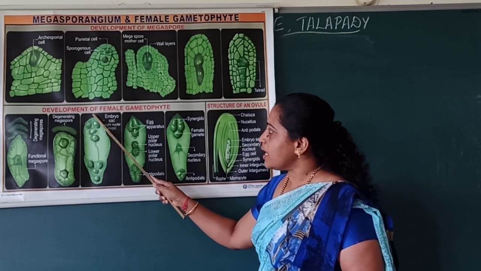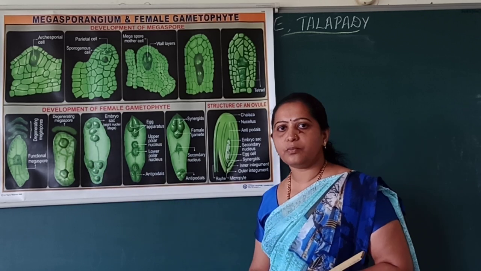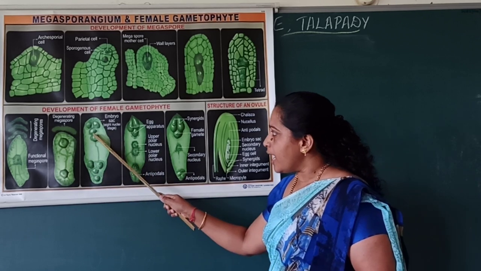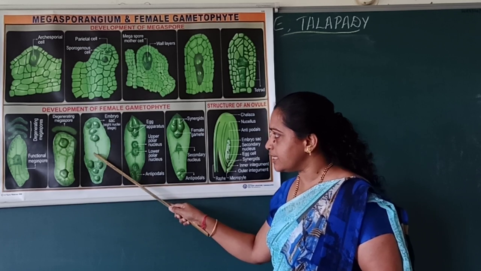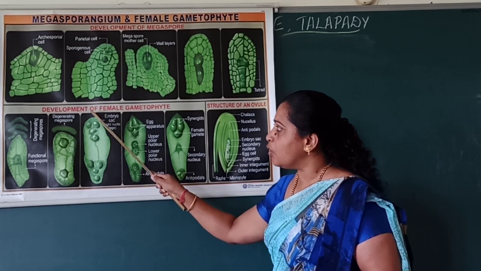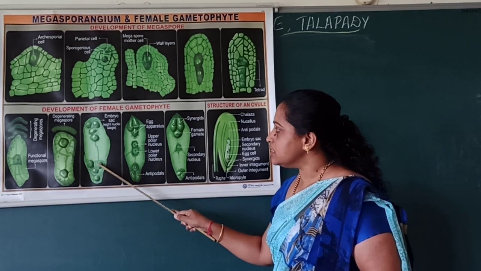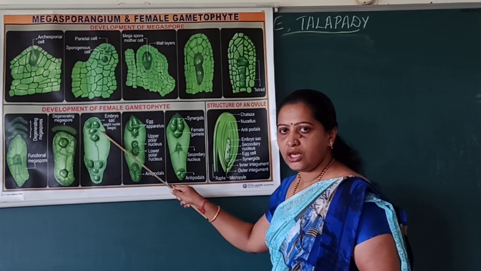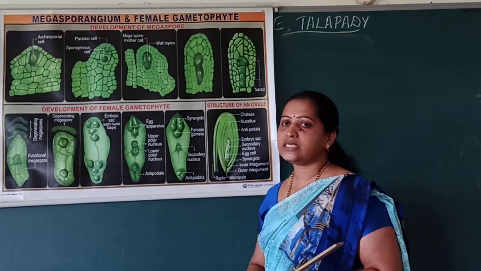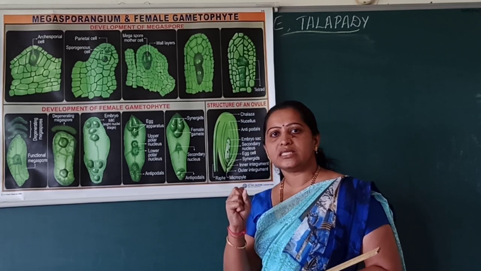Now let us see what happens to those nuclei that are remaining at the polar end. As one nucleus from each pole moves towards the center of the embryo sac, only 3 nuclei remain at each polar end. So once the nuclei move towards the center, the remaining 3 nuclei are then covered by cell wall as well as cytoplasm.